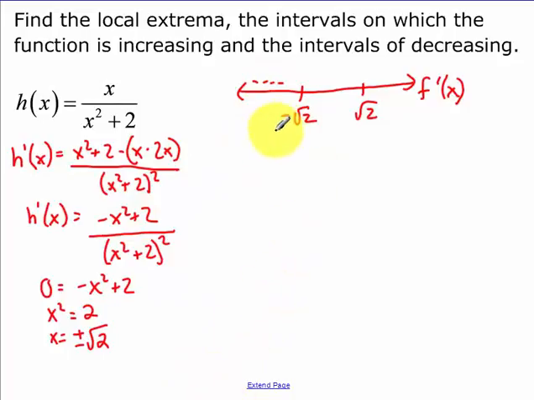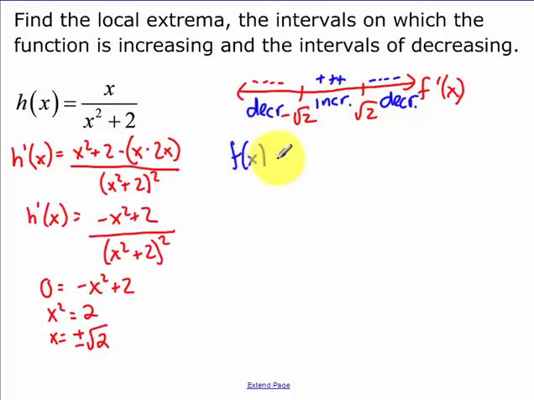So therefore I'm decreasing on that interval. When I plug in 0, you always want to try and plug in 0. When I plug in 0, we're going to get a positive on top, positive on the bottom. So that means I'm increasing. When I plug in +2, again, we're decreasing.